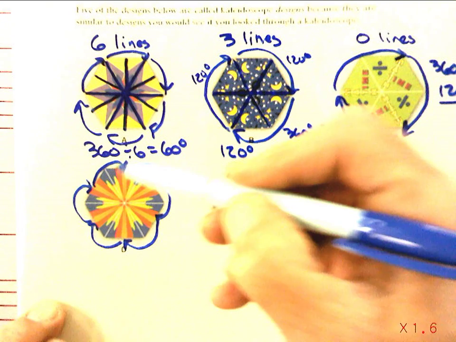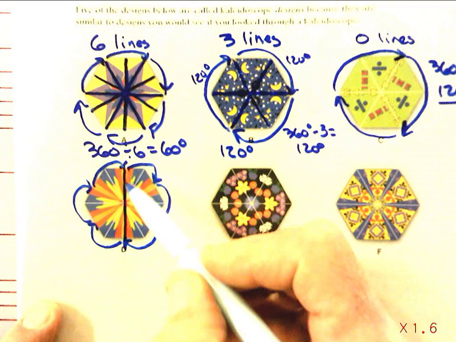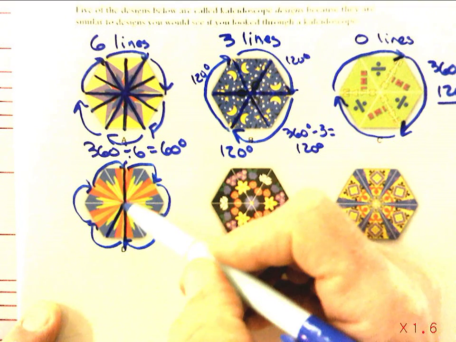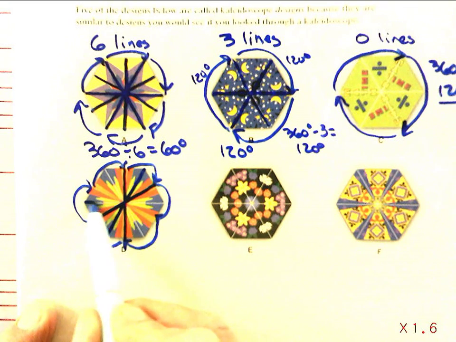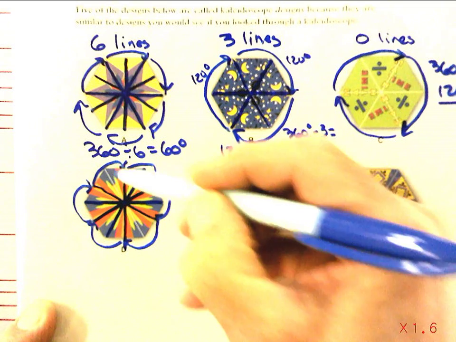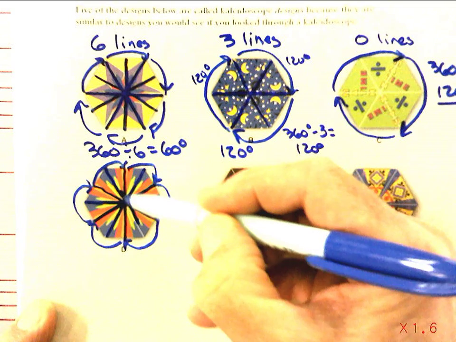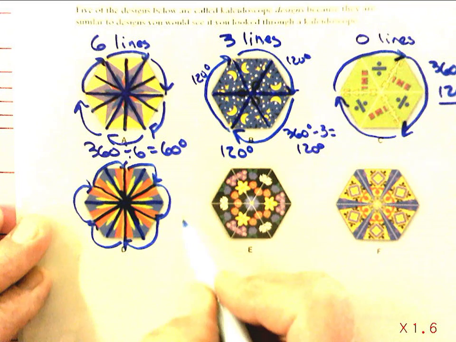So there's 1, 2, 3, 4, 5, 6 lines of symmetry.